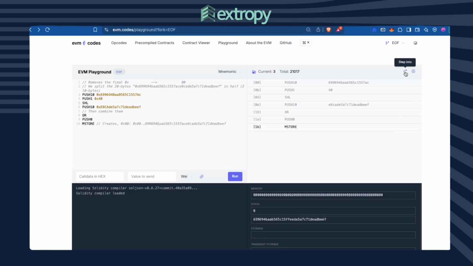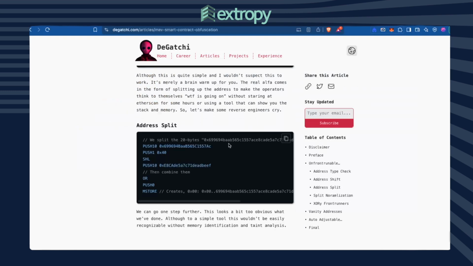We can put that into memory, just the bottom of memory, as you can see there. That does disguise it further, because not only do we not have a push 20 now, but also we don't really have anything that looks like an address. Our address has been split up into two parts.